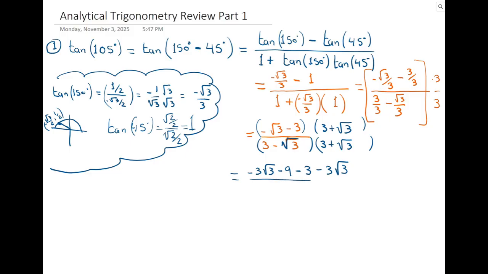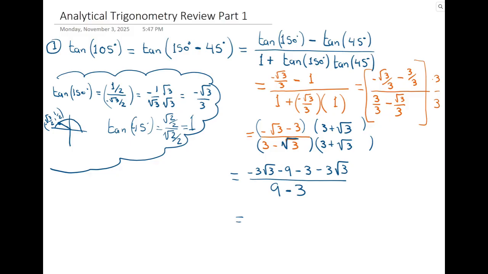And in the denominator, two conjugates together, right? So that would just be the first term squared. Oops, let's just go ahead and square that, right? You guys can handle that. So 3 times 3 would be 9 minus the second term squared, and when I square the square root of 3, that will just be 3.